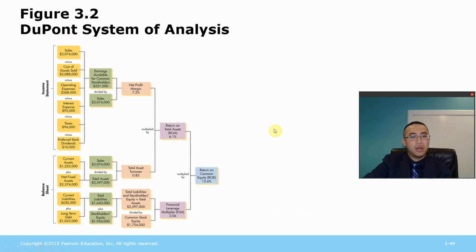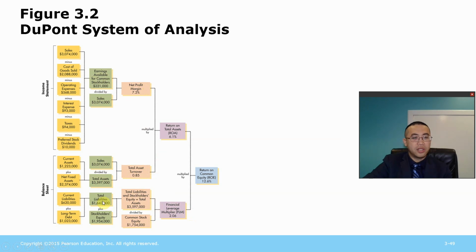All right, so here is the ROE. Basically it's ROA multiplied by the financial leverage multiplier, and this ROA comes from net profit margin and the total assets turnover, and the net profit margin comes from net income and sales, and asset turnover comes from sales and total assets. And for the equity multiplier, it is total assets divided by total equity.